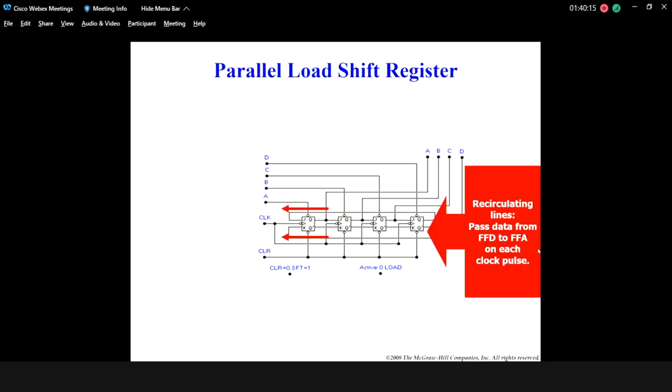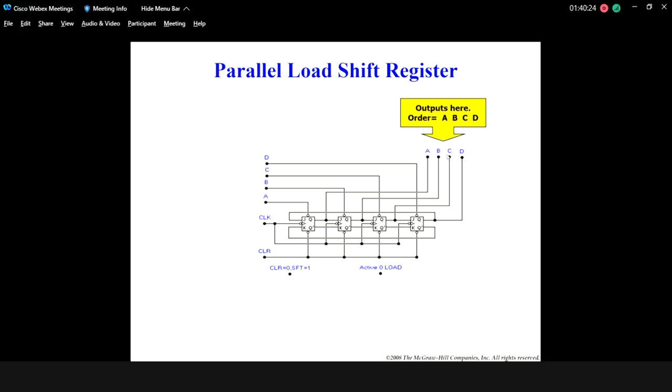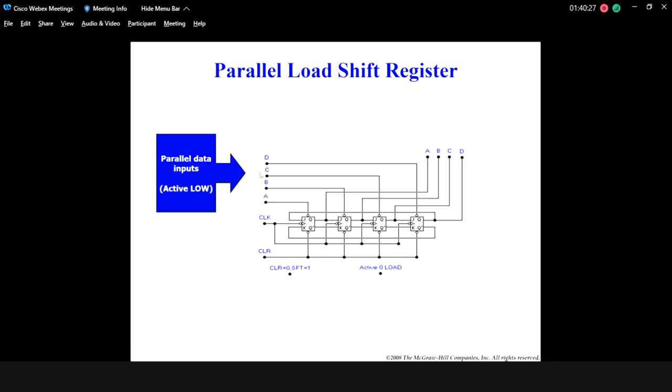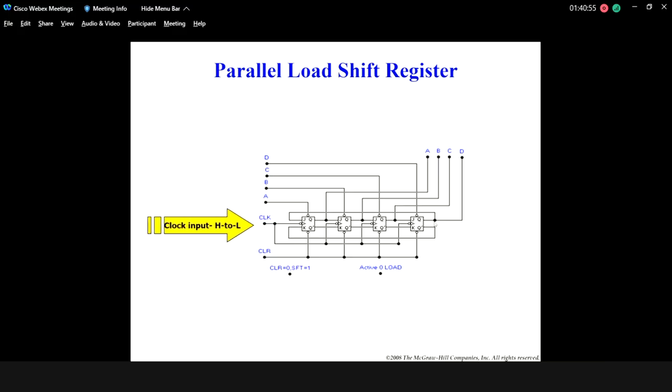It passes data from flip-flop D to flip-flop A on each pass. The input is parallel data input. This one is not used as a counter, it is used as a data register. All the data is given at the preset pin, and then we take the output at the Q pin. So this is parallel load data.